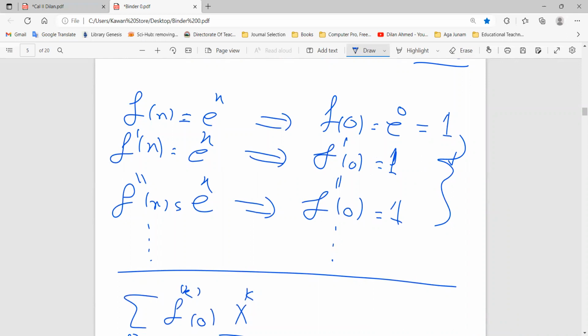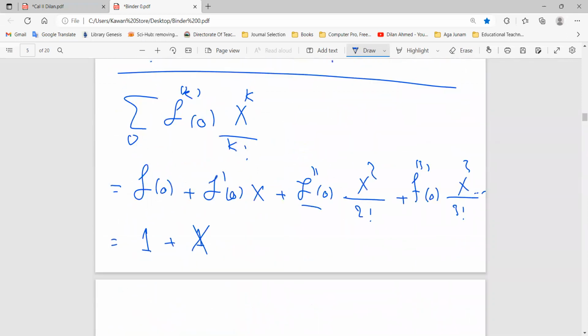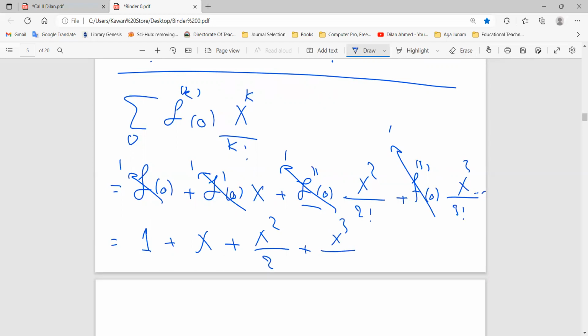So all of the derivatives, when we put the value 0, you get 1. Each of them is equal to 1, that one 1, that one 1. All of them will be 1. So it remains x squared, x cubed, understood, and go on.